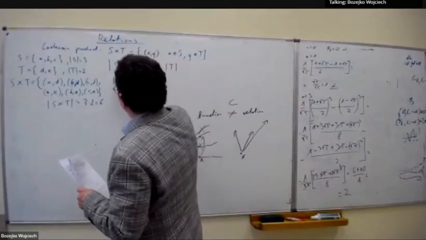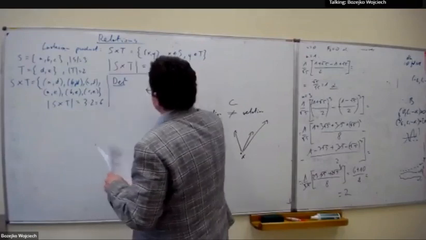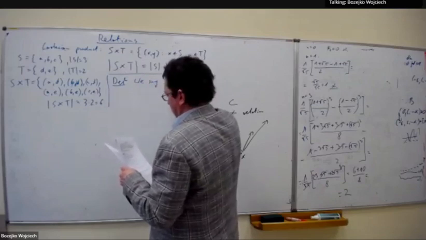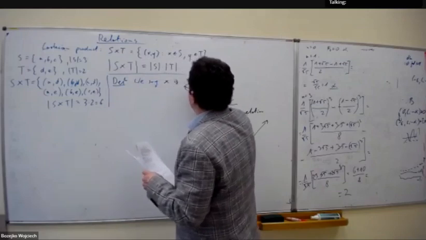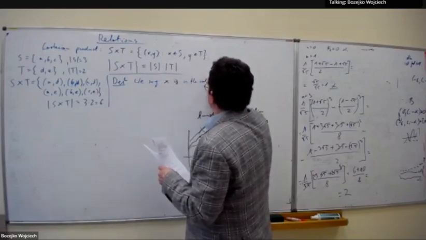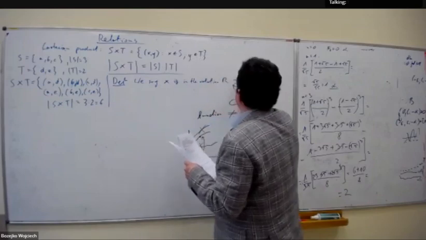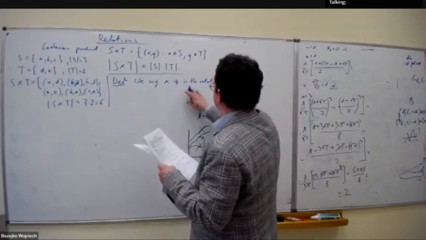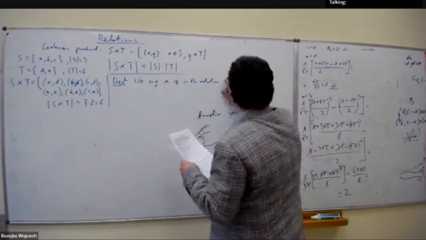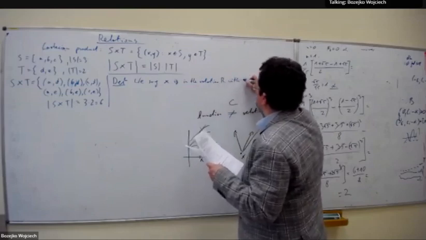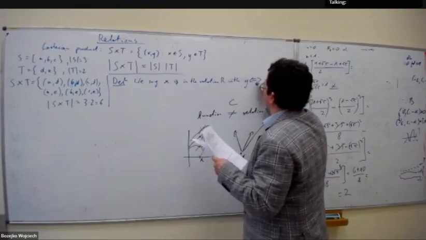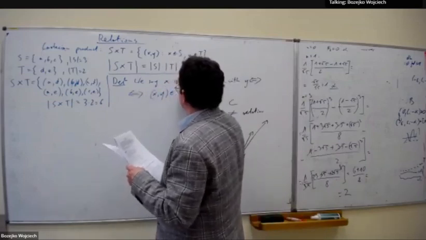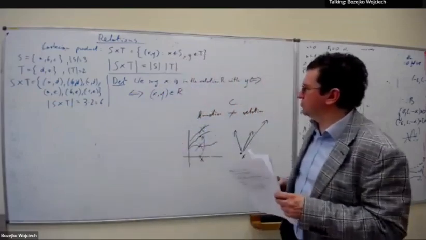So the definition of the relation. We say that X is in the relation R, maybe R with Y. This is the same that the pair X, Y belongs to the set of the relation.